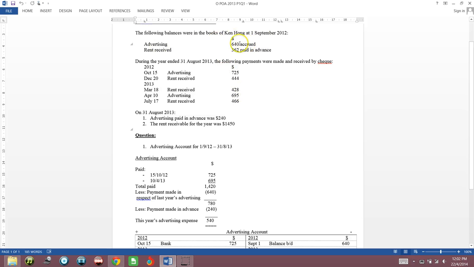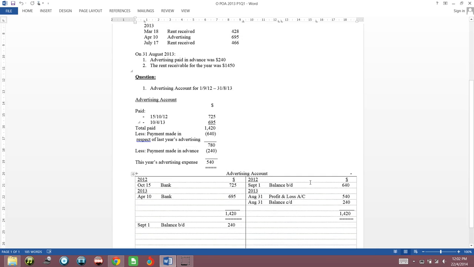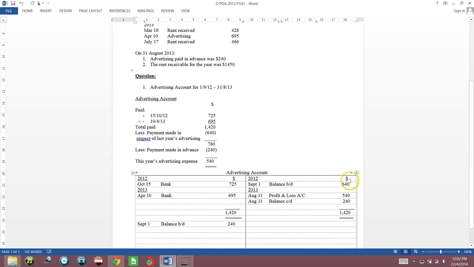He owes probably Singapore Press Holdings 640. That means this is a liability, so the balance brought down would be on the credit side, which is on the negative side.